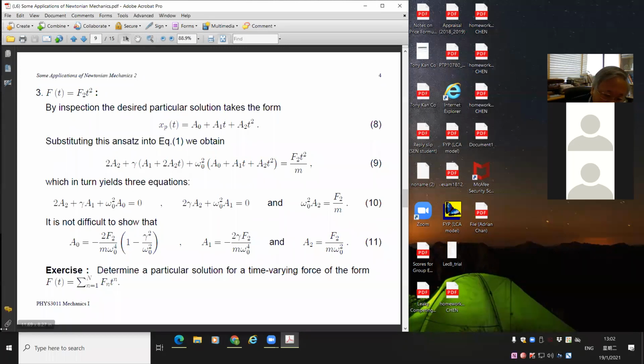So if someone asks you to give a particular solution for a time varying force of the form like this, up to capital N equal to 3, you just add the first three solutions together. Up to 5, you just copy the 5 solutions and add them together, with the appropriate prefactors F1, F2, F3, F4, and F5.